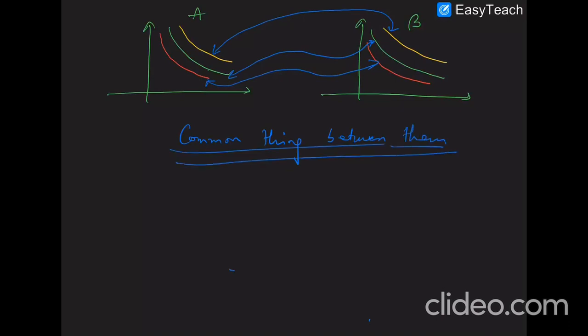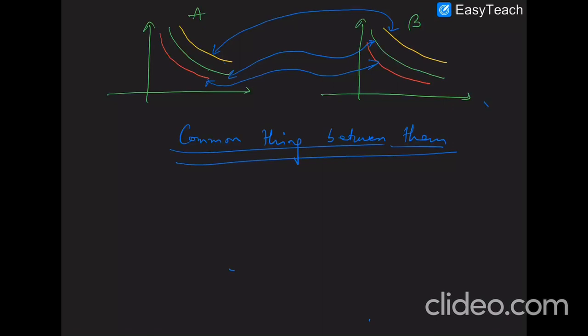And now you can identify that this isotherm and this isotherm are the corresponding isotherms. They are in thermal equilibrium, right? But this yellow one and this green one, they are not the corresponding isotherm, or the yellow one or the green one or the red one is not the corresponding isotherm. They are not in thermal equilibrium.